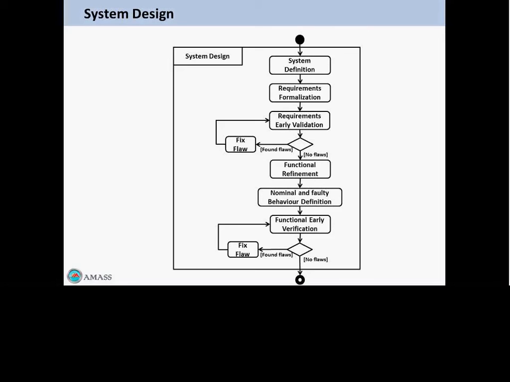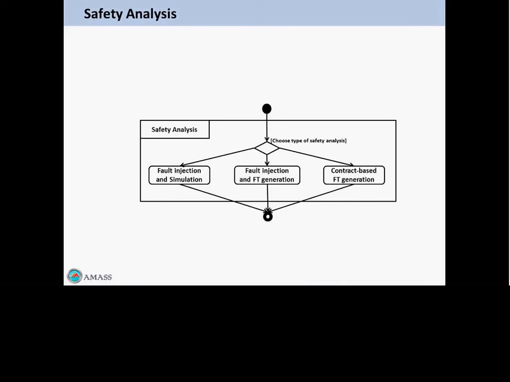We have techniques for early verification of this functional view of the components, and from this system design we can derive also safety analysis as anticipated, based on fault injection and different techniques for fault generation.